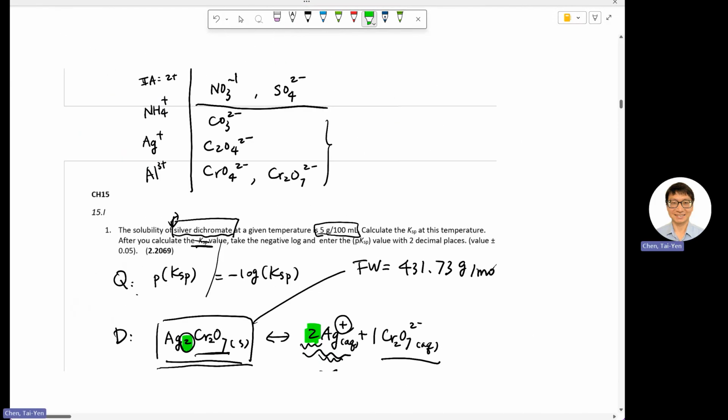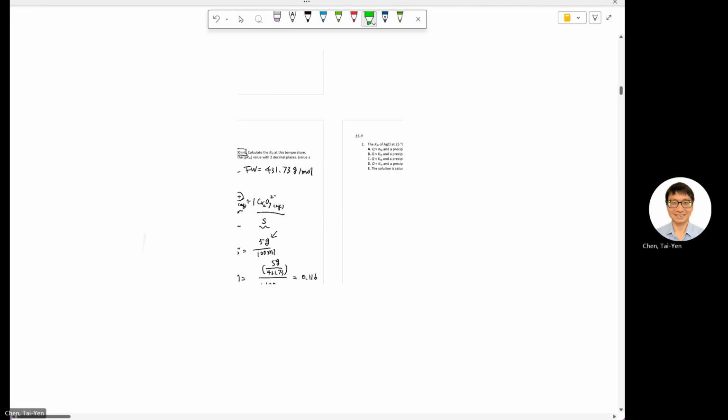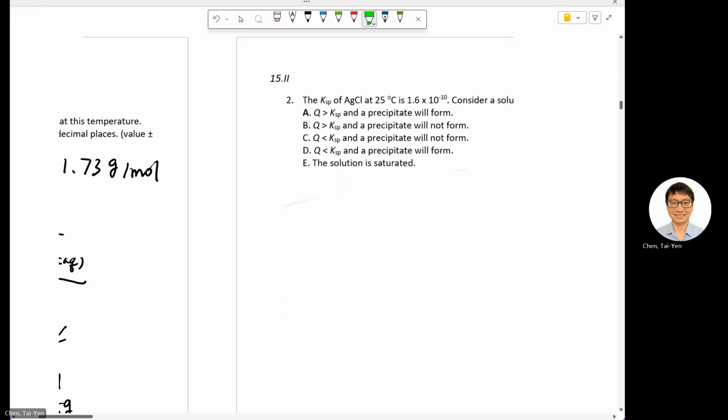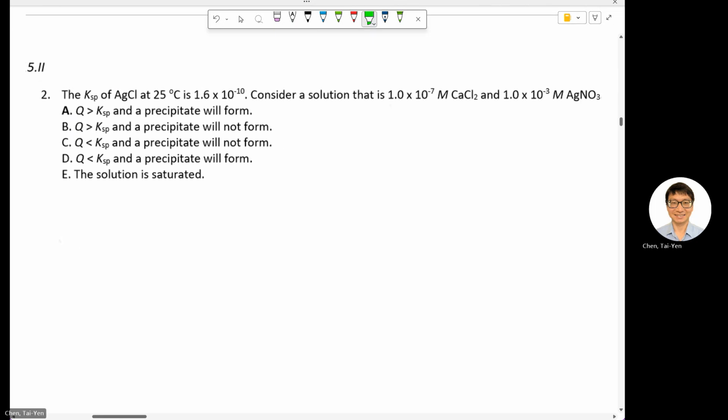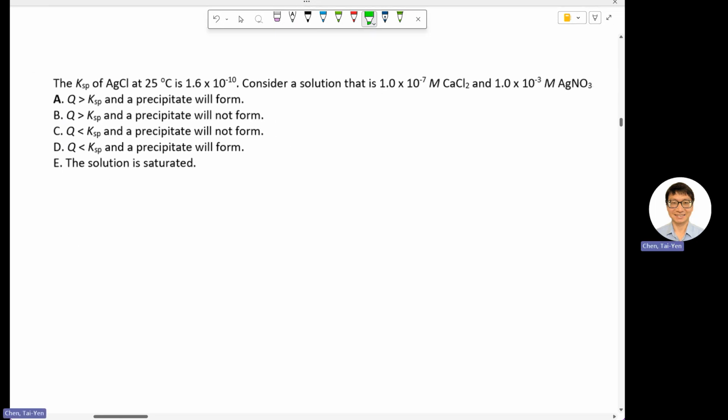Question number 2. It says the Ksp of AgCl at 25 degrees C is a certain number. Considering a solution has 2 other solutions mixed together, and then it gives you 5 different statements.